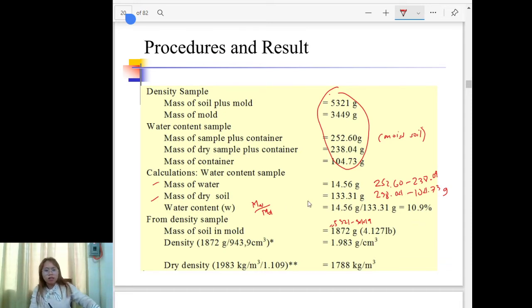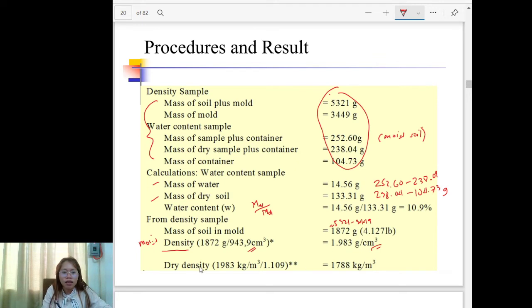Actually, this is lacking. There should be a given volume to obtain the moist density of the soil. It was not given in the earlier given values. This should be given also, so that we obtain the density of the moist soil.